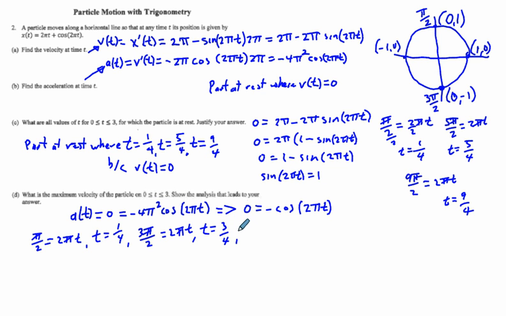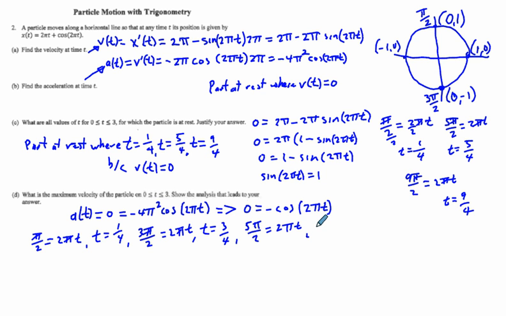And we can go up again to 5 pi over 2 equals 2 pi t.